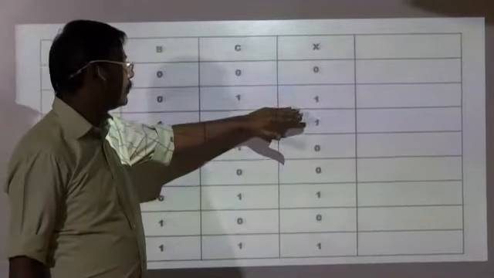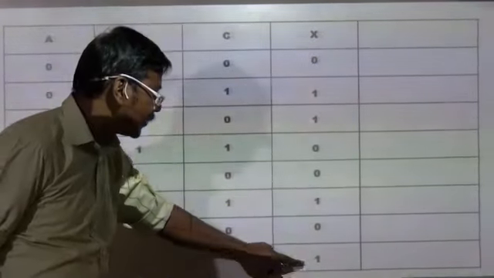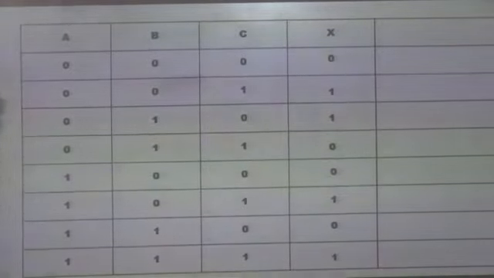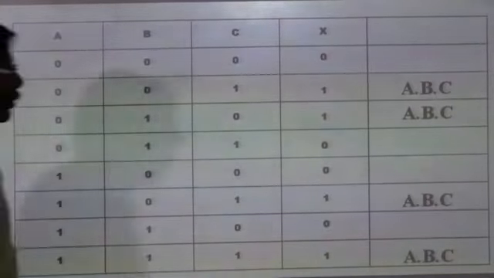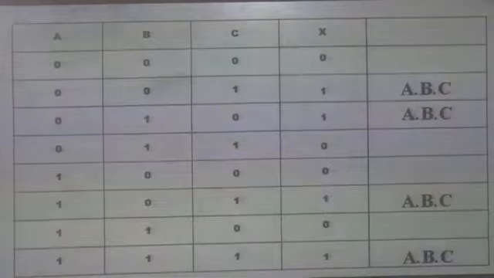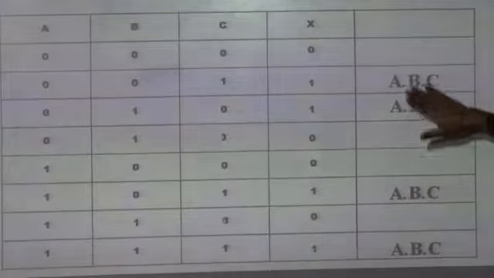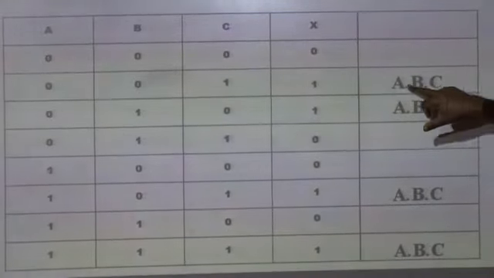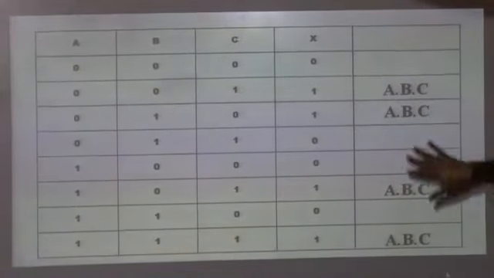Now, let us write up the term expression. First we will write the min terms, where we have got 1. Remember, we are using 3 input variables A, B and C. So we are talking about SOP, sum of the product. The 3 inputs we have taken: A dot B dot C, A dot B dot C, A dot B dot C, A dot B dot C. I have not completed it.